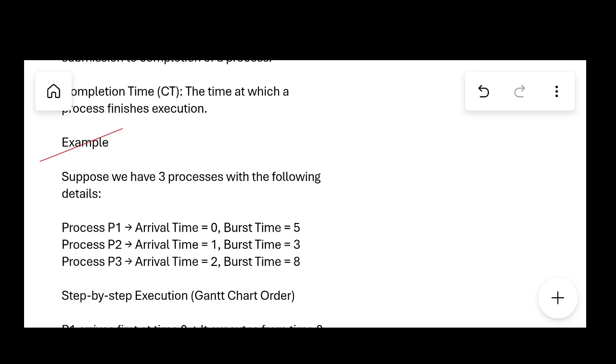Process P1 arrives at time 0 and needs 5 units of CPU time. Then process P2 arrives at time 1 and needs 3 units. Then process P3 arrives at time 2, needs 8 units. So let's see how they will execute step by step.